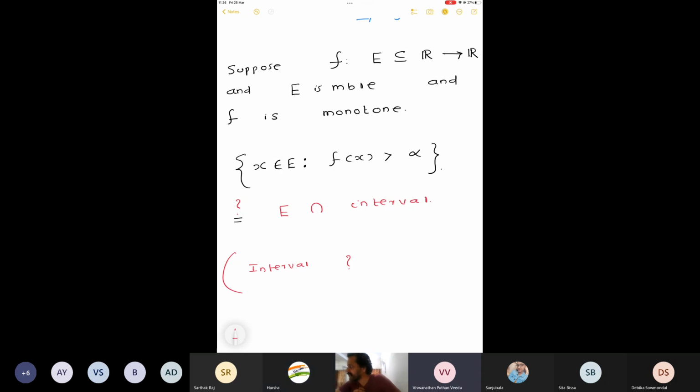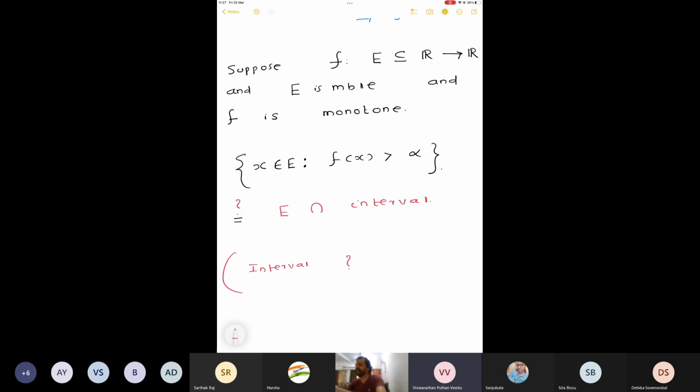That is convex, right? Anyway, you have to recall the definition of interval and see whether the collection of all x in E such that f of x greater than alpha can somehow be written as E intersection an interval. I feel it should be true, but I don't have a rigorous argument. I have to think over it.